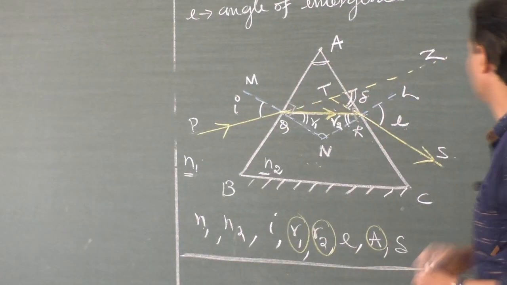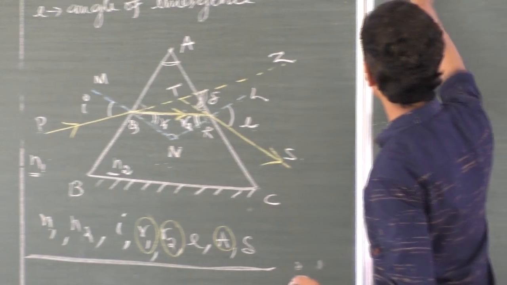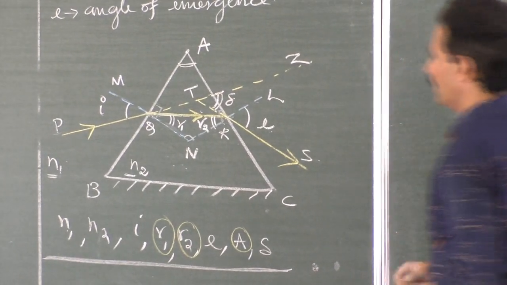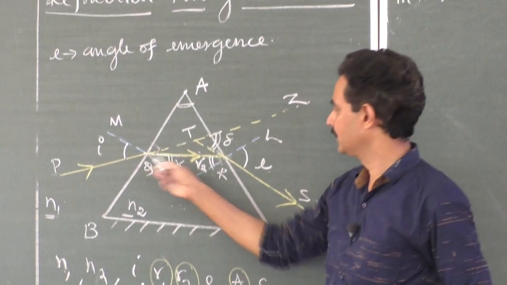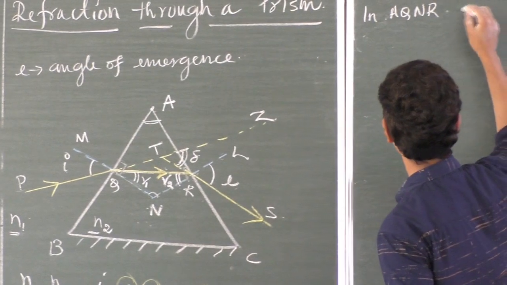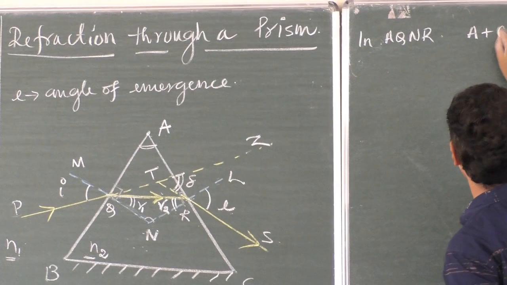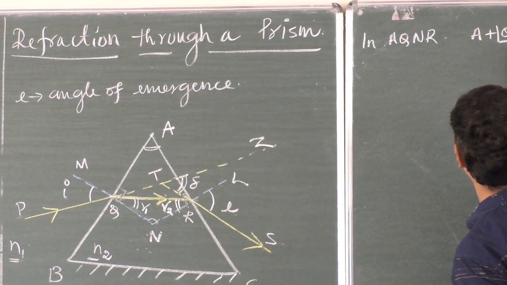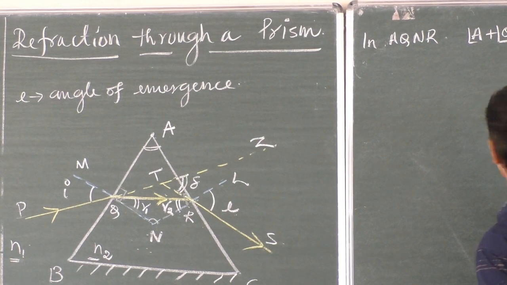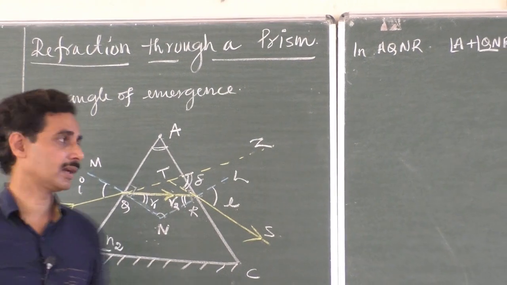So in the quadrilateral AQNR, this is 90, this is 90, 180 is over, A plus angle QNR, totally it should be 360. Angle A plus angle QNR must be 180 degrees, one formula. Very easy. Sum of the angles of a quadrilateral is 360 degrees.